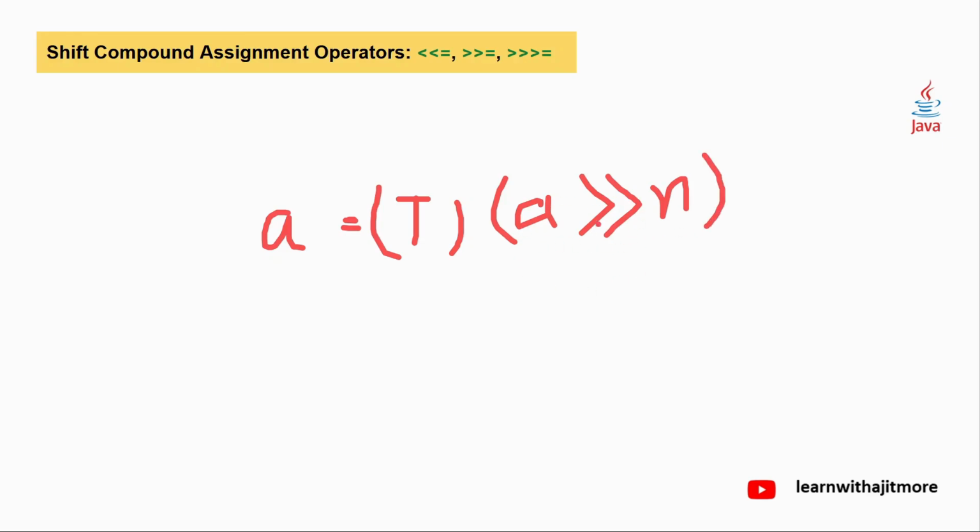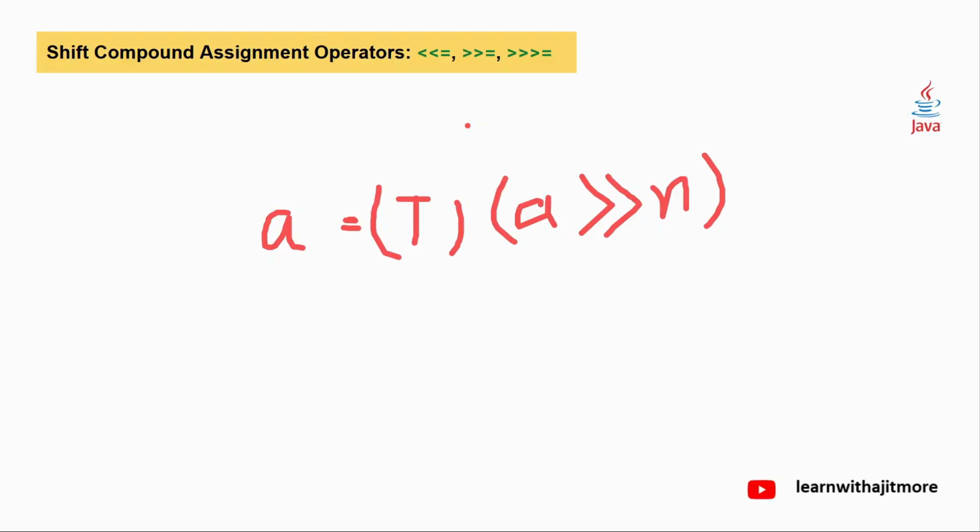Whatever answer you get is going to be int or long, and that int or long will get cast to T, where T is the data type of A. That is the speciality, that it does implicit narrowing.